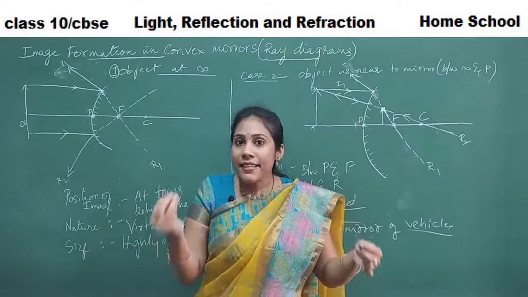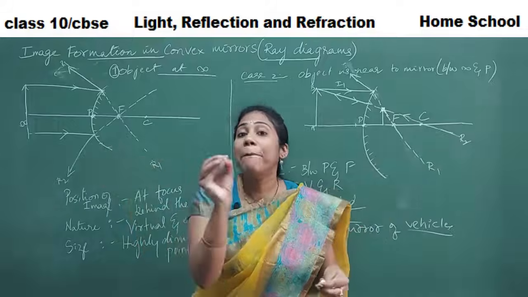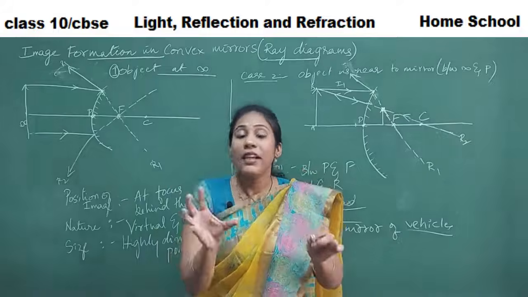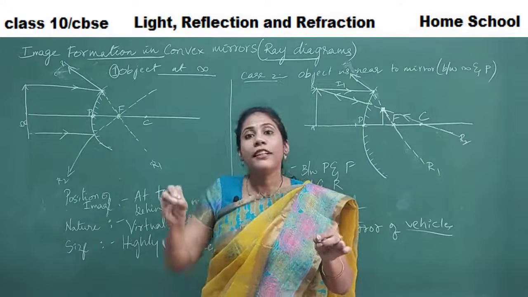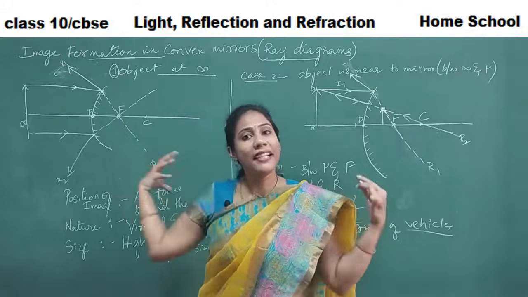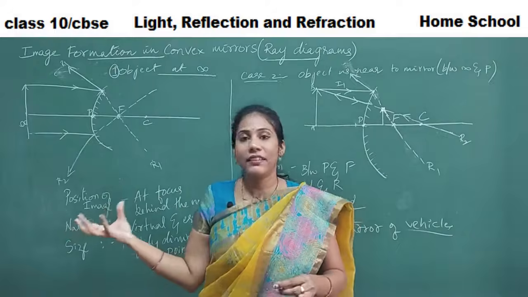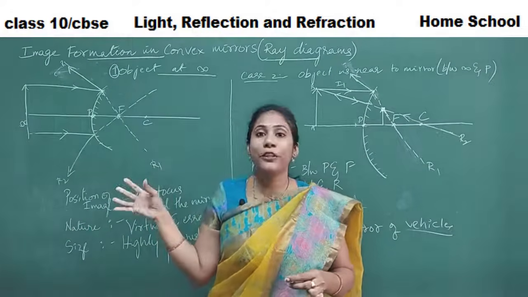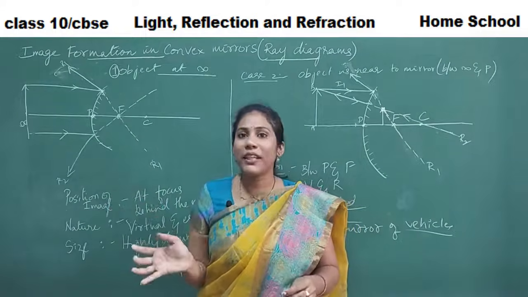See, this is the only mirror where bigger objects appear smaller. So all big objects appear smaller, so that lot of region behind us can be covered. Behind the vehicle can be covered, right? So that you can make out how much traffic is there behind you and how much free you are from the vehicles. Everything you can make out.